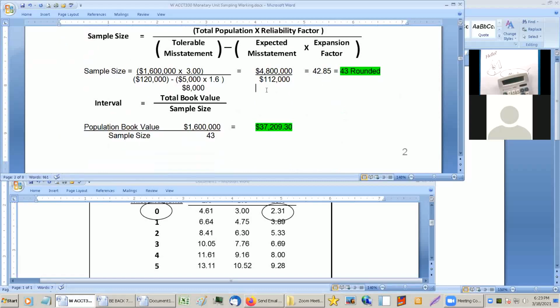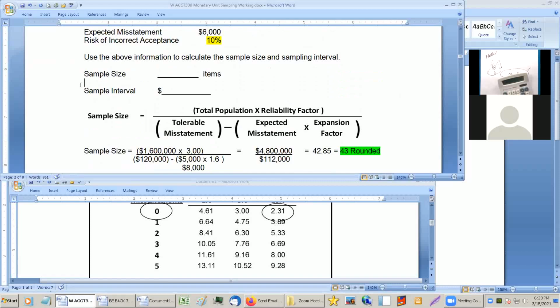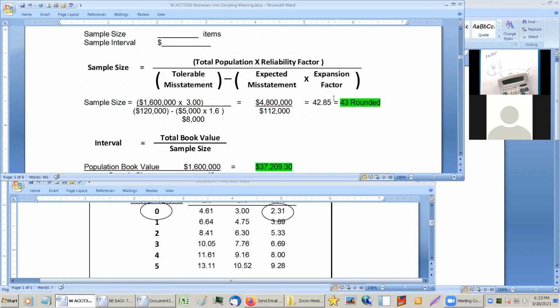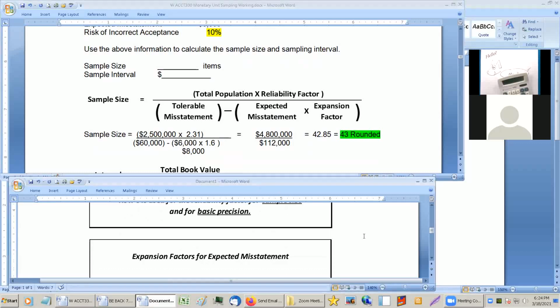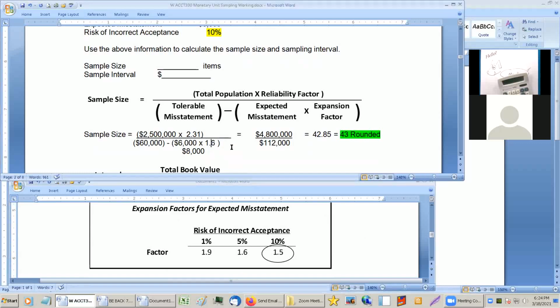Now it looks terrible down here. All right. Let's see.